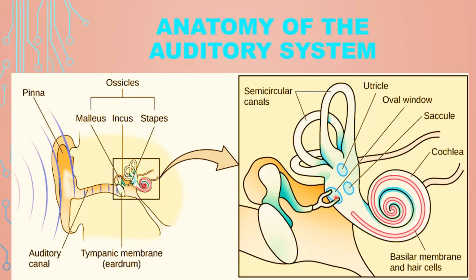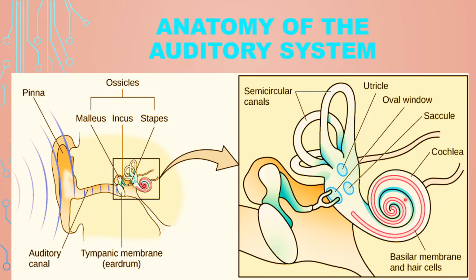The fluid inside the cochlea begins to move. So the oval window also gets vibrated and it makes the fluid inside the cochlea move. And when the fluid moves, what happens? There are hair cells or the auditory receptors inside the cochlea.